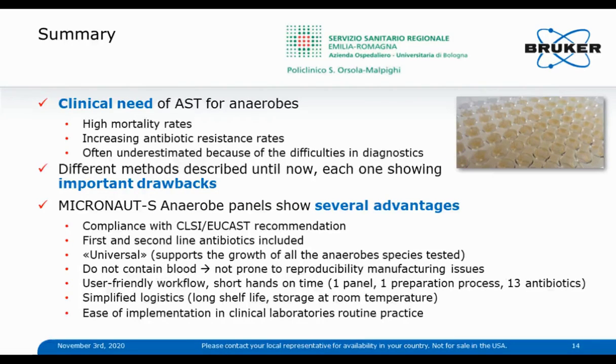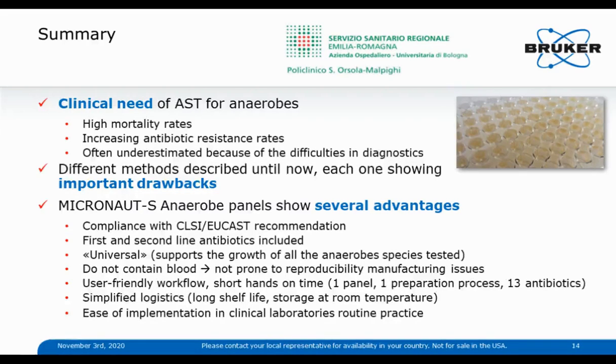Summarizing the study, we can say that the most recent data reported in the literature suggest that there is a critical need for robust and reliable methods for susceptibility testing of anaerobes, given the high mortality rate of anaerobic infections and the increasing rate of antibiotic resistance, also among these pathogens, likely as a consequence of the same selective pressure that led to the development of the more famous resistance mechanisms among aerobic bacteria.